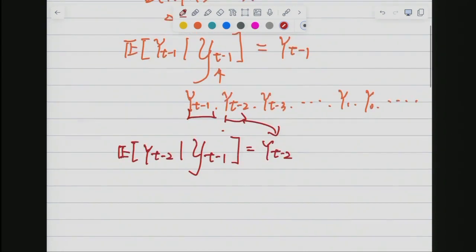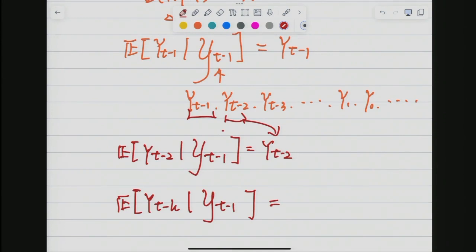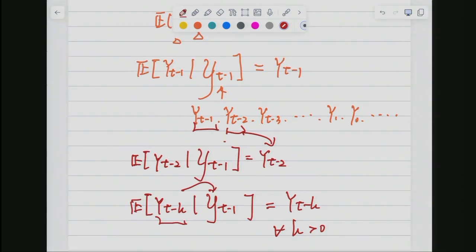And generally, the conditional expectation of any lag, okay, is just equal to itself for h greater than 0, because they are all included inside the big curly Y, okay? So this is something that you should keep in mind in time series analysis, and this is very important when it comes to forecasting, which we'll see later today.